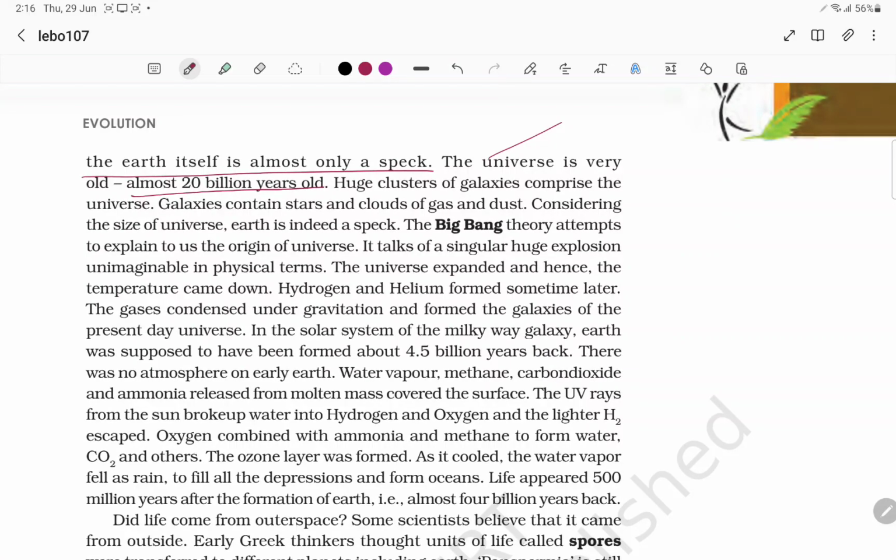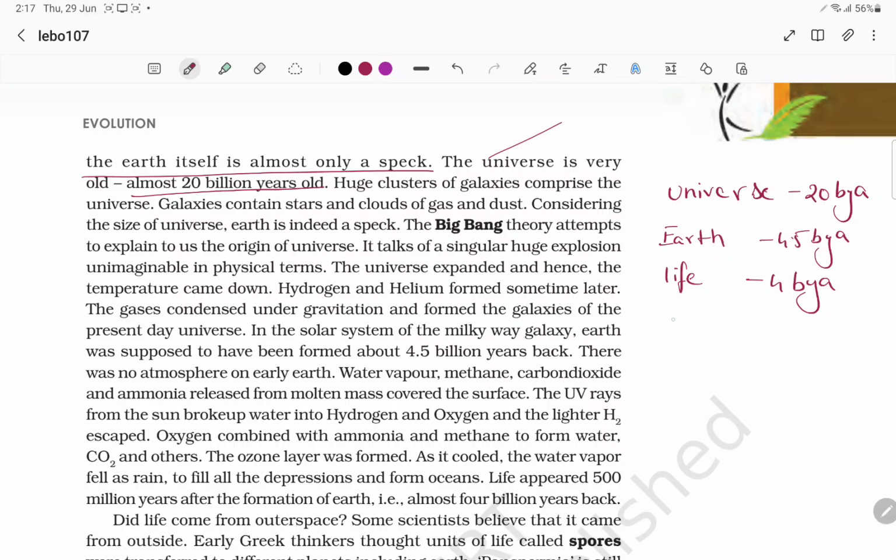You have to remember this. Universe: 20 billion years ago, BYA. And Earth: 4.5 billion years ago. And life: 4 billion years ago. The difference is 500 million years, so after 500 million years, life is formed.